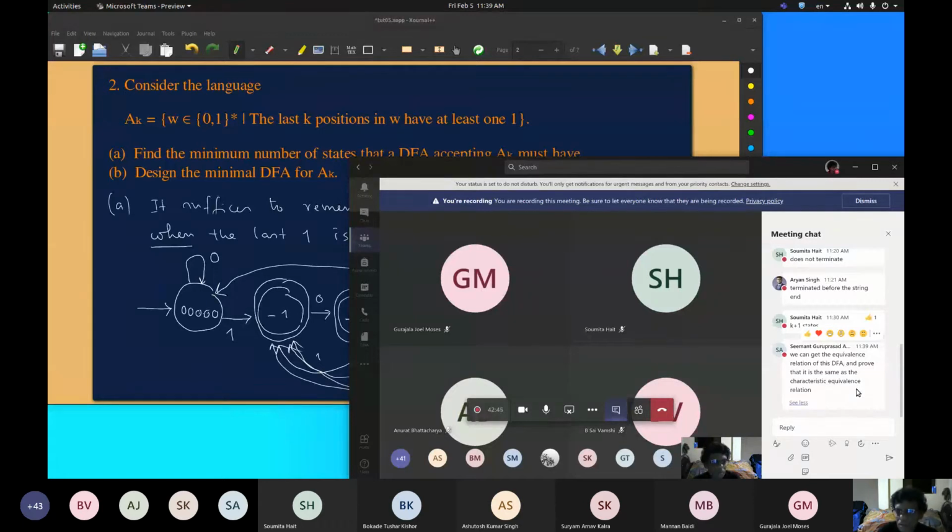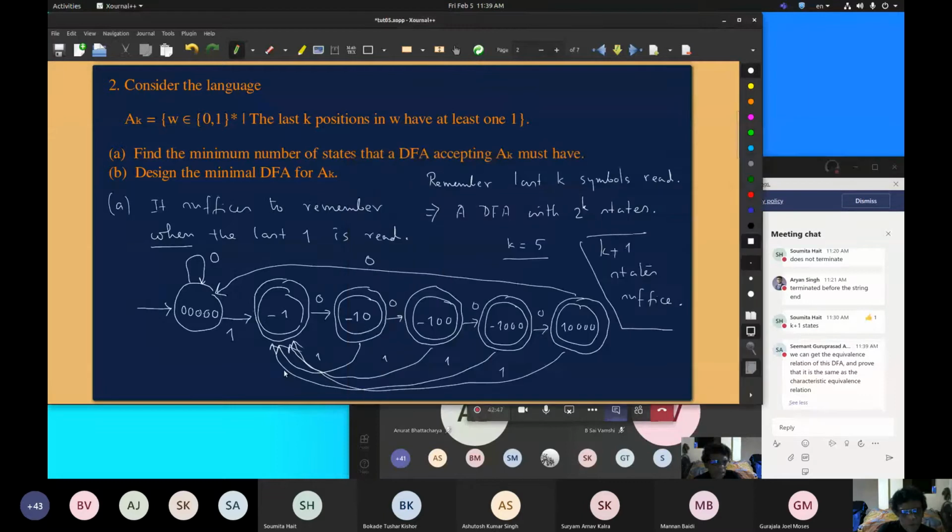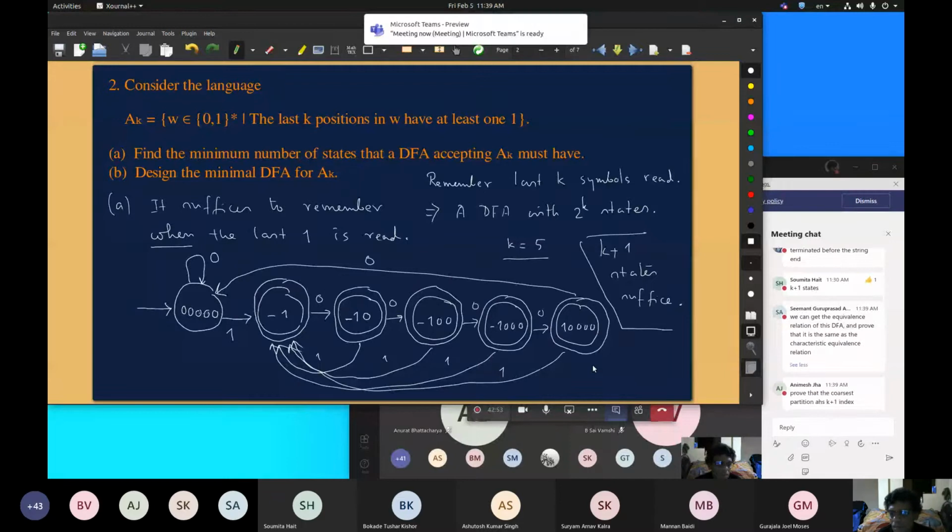So any other suggestions? Little bit easier suggestions? Prove that the coarsest partition has k plus 1 index. Okay, this is also okay.